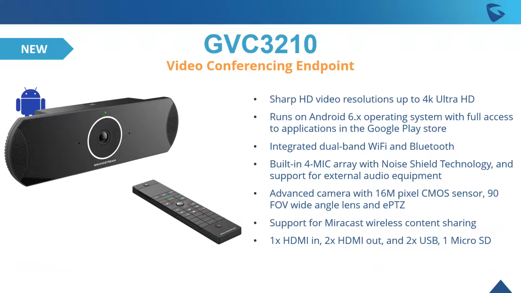The advanced camera has a 16M pixel CMOS sensor, a 90 degree field of view wide angle lens, and EPTZ. You will notice this device, unlike the other GVC devices, has electronic pan, tilt, and zoom, all built into the device. It doesn't actually have a mobile lens that moves around.